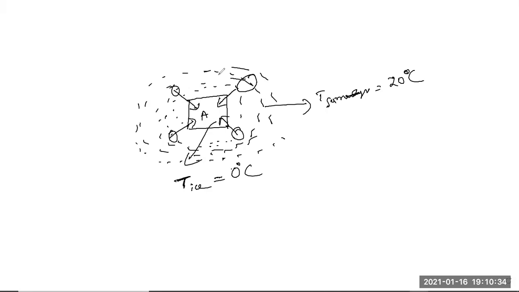If the heat gets transferred, it is trying to make the ice temperature and the surrounding temperature balanced. So the ice gets heated, its temperature will increase, and it will melt and become water. That is one way of transfer of energy or heat if there is a temperature difference.